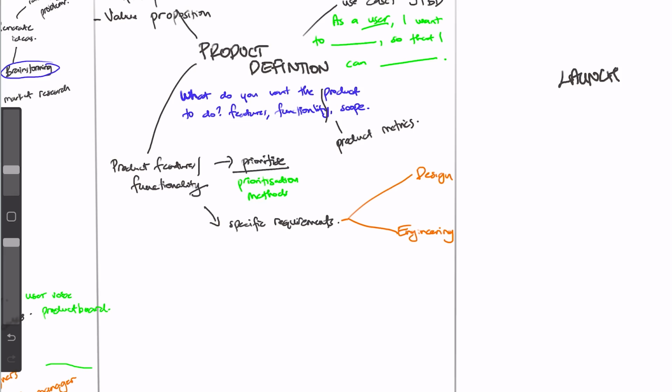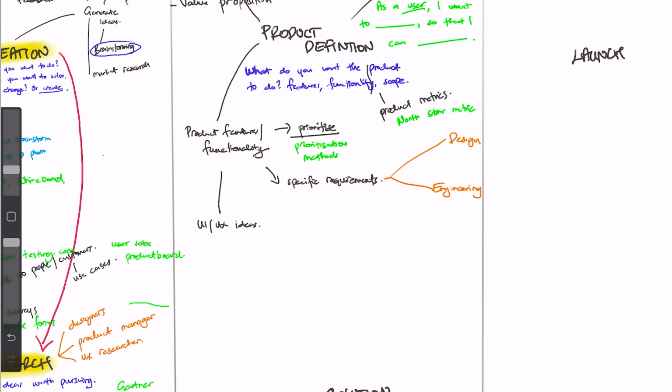Here I would recommend looking up the North Star metric, which is a popular read from Amplitude on how you can define that biggest North Star for your product, and all of your other metrics can kind of stem from that.